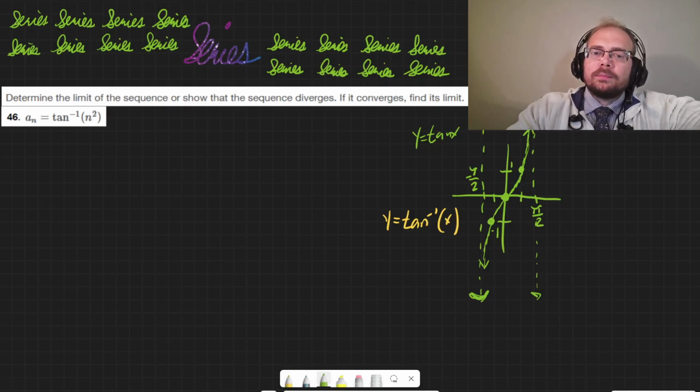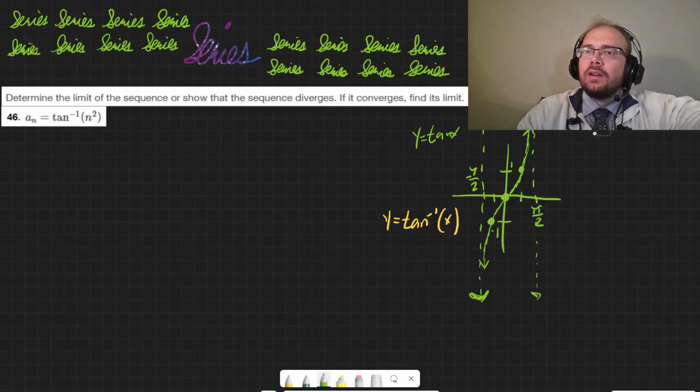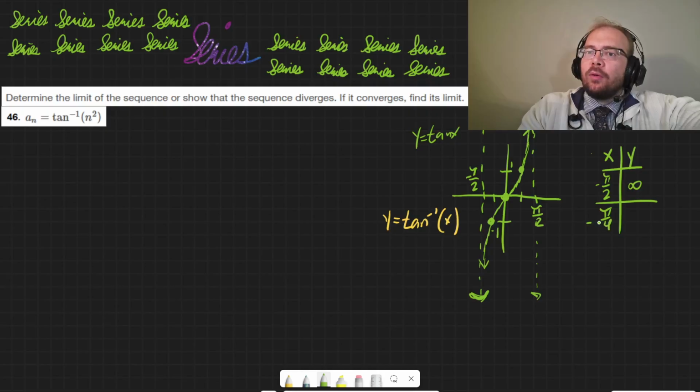So x and y. Remember I said negative pi halves, that was an asymptote. And then negative pi fourths is negative 1. 0 is 0. Pi fourths is positive 1. And then pi halves is your other asymptote.